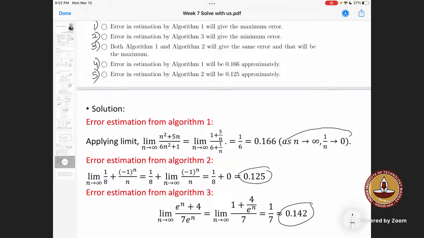The voice is not audible. Sir, your voice is not audible. He is on mute.